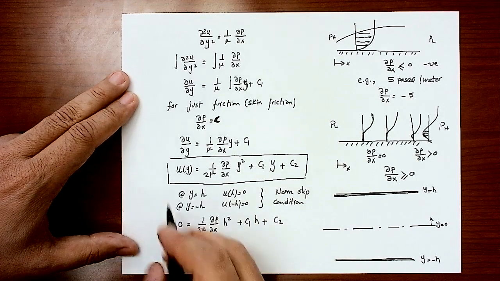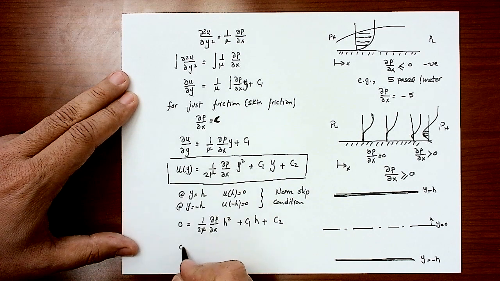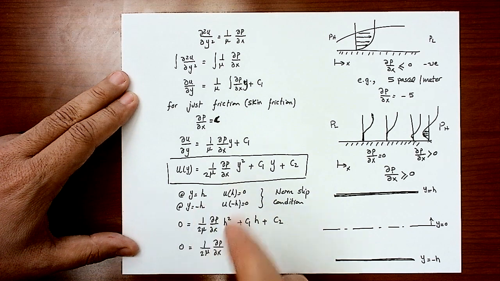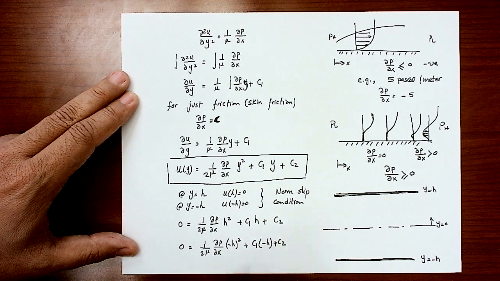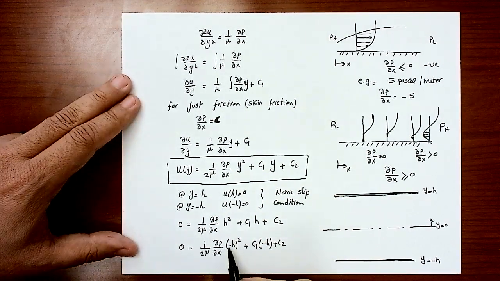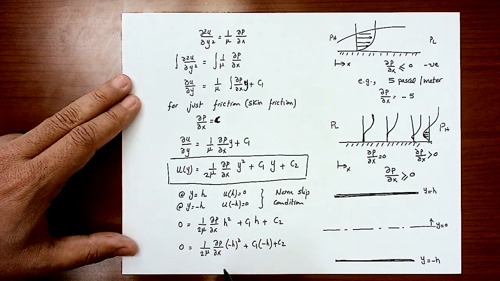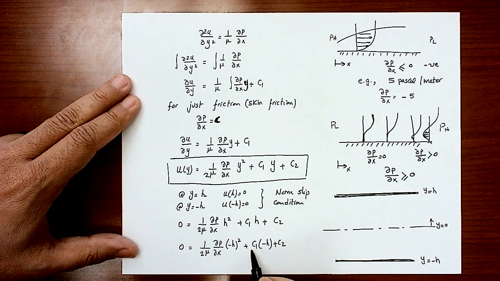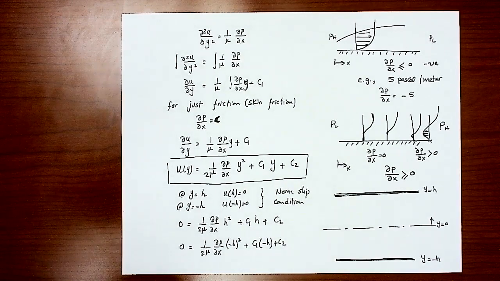Using the second boundary condition in the same main equation, I'm going to have 0 as well, 1 over 2 mu partial P by partial X. Now Y is equal to minus H, so this will be minus H squared plus C1 times minus H plus C2. This is squared, so it's going to be the same as this term. So I'm going to end up having minus here, plus here. I need to solve the two equations together, so I can get C1 and C2.